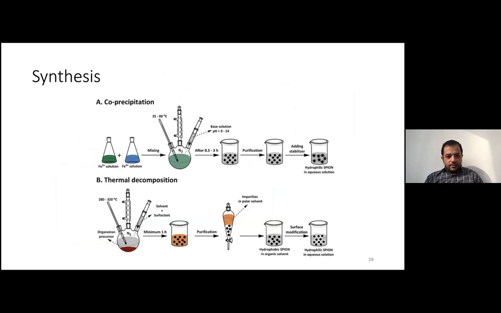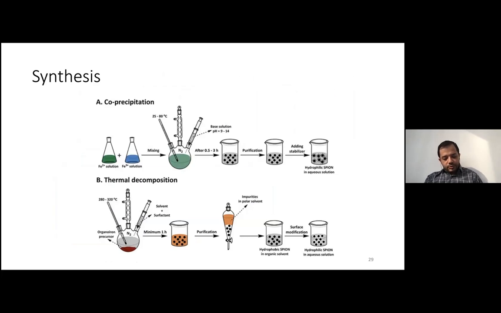All right, so how do we synthesize these iron oxide SPIONs, superparamagnetic iron oxide nanoparticles? There are different techniques and strategies. Co-precipitation and thermal decomposition are listed here.